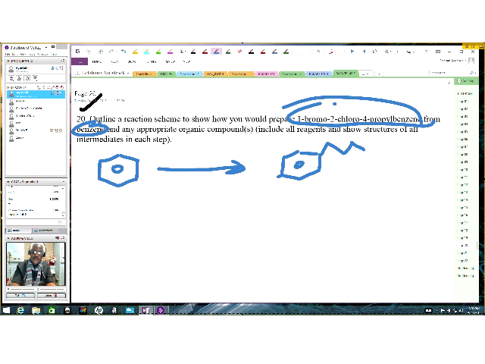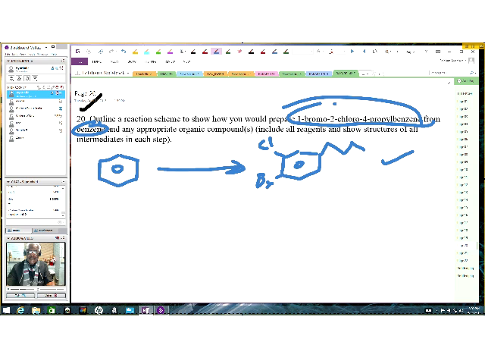Bromo and chloro. So starting from benzene, they want us to make this compound right here. Now, does anybody know what is the first step we are going to take here?